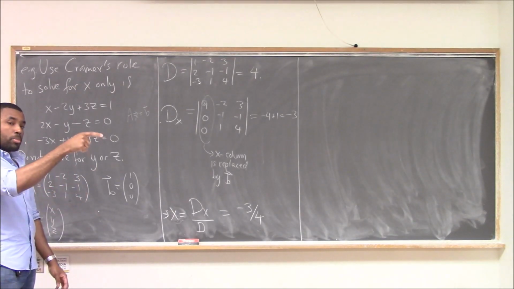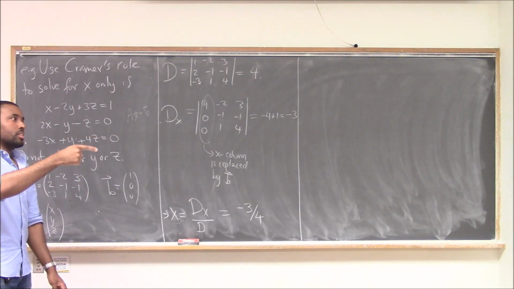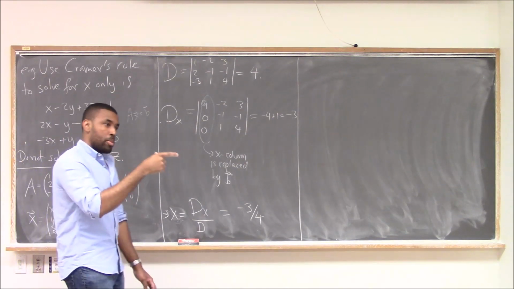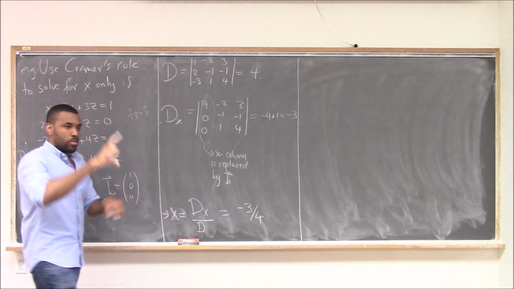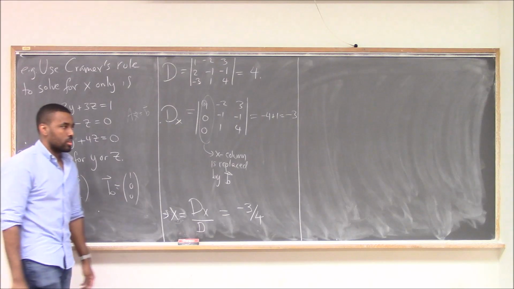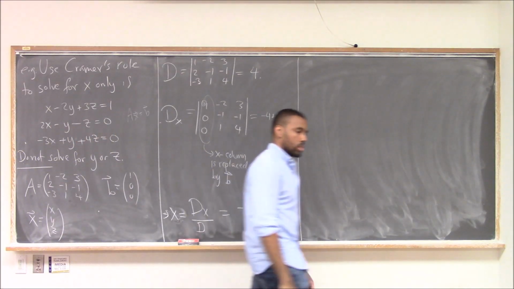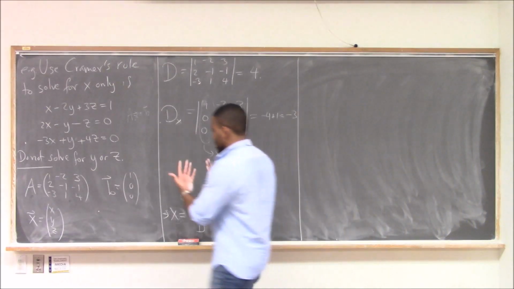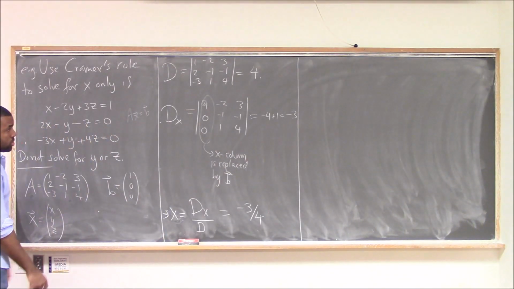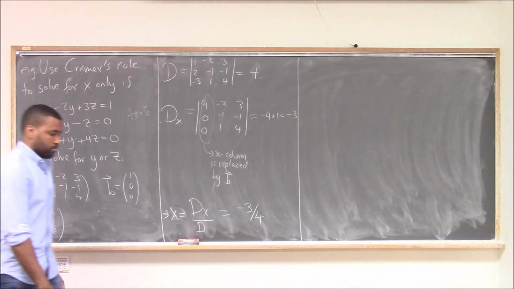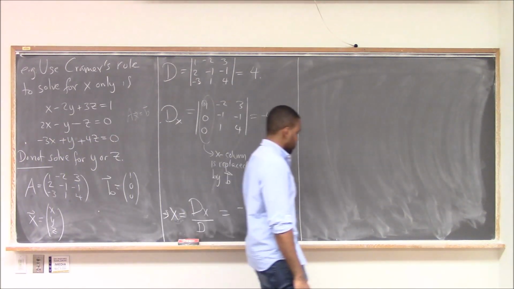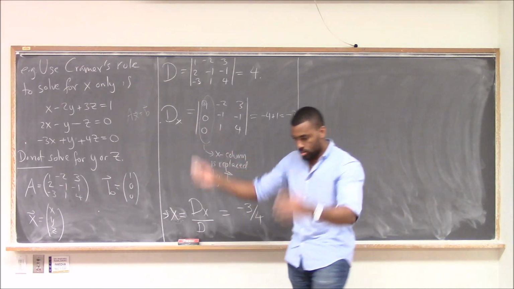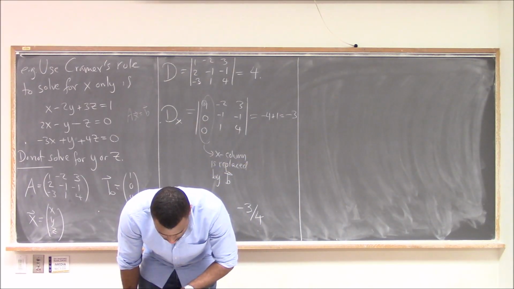If you look back in your notes, the top of that was actually the determinant of what you get if I replace the x column with the answer, the constant matrix. So this works in general for any square system, and you can solve for variables individually. It's Cramer's rule.